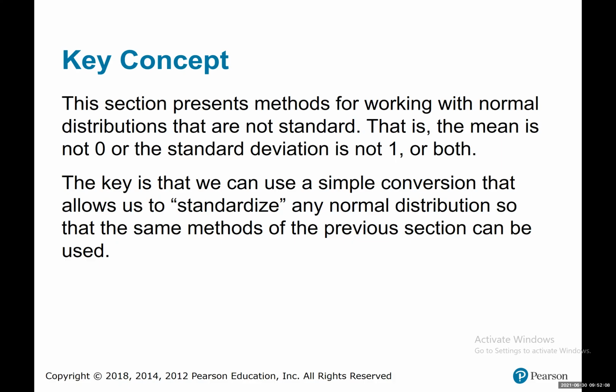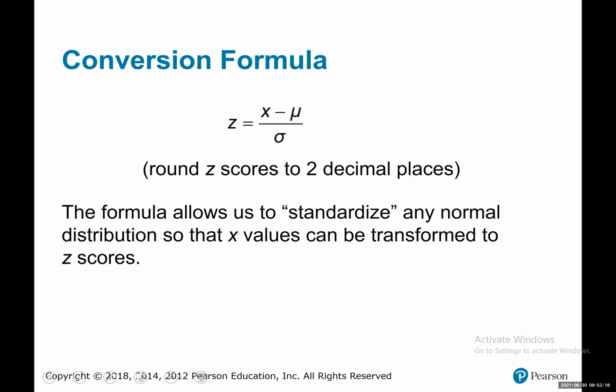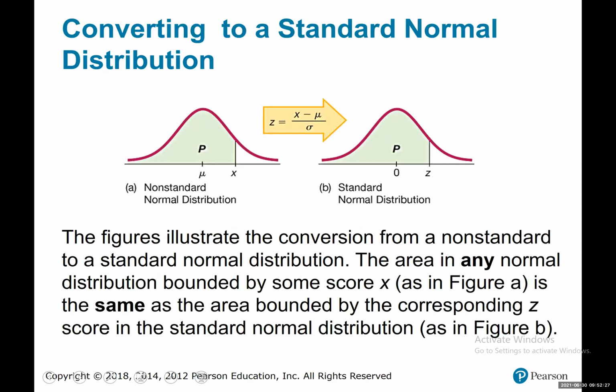But since we are using a calculator, I would say these two are the same thing. You don't need the conversion formula because you are using a calculator, but I always put it here in case you want to know that you can always go from a non-standard normal distribution to a standard one with the conversion of z, given x and convert it to z.